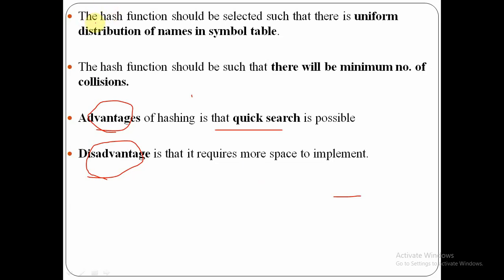And one important point is that the hash function should be selected in such a way that there is a uniform distribution of names in the symbol table, so that there will be a minimum number of collisions. So that is about hash table implementation.